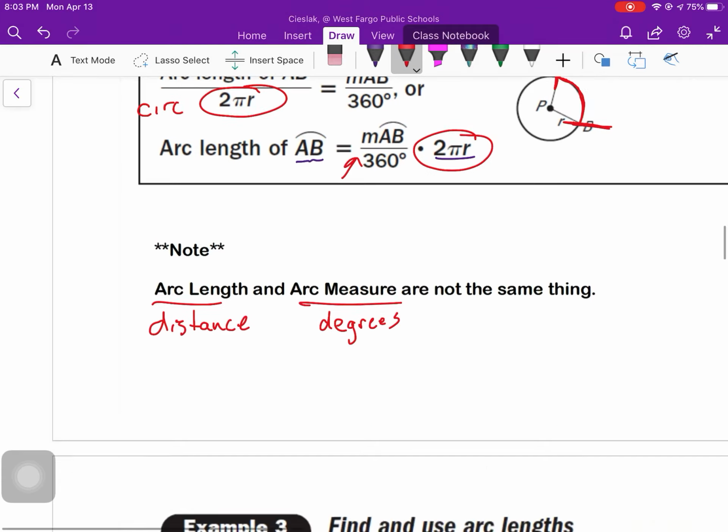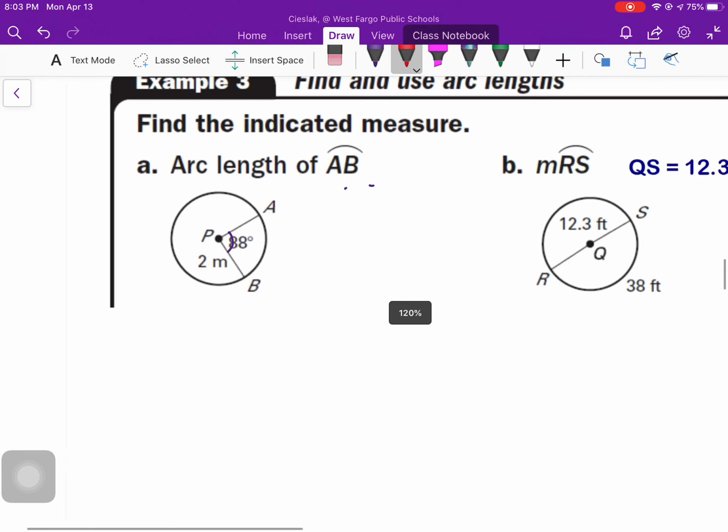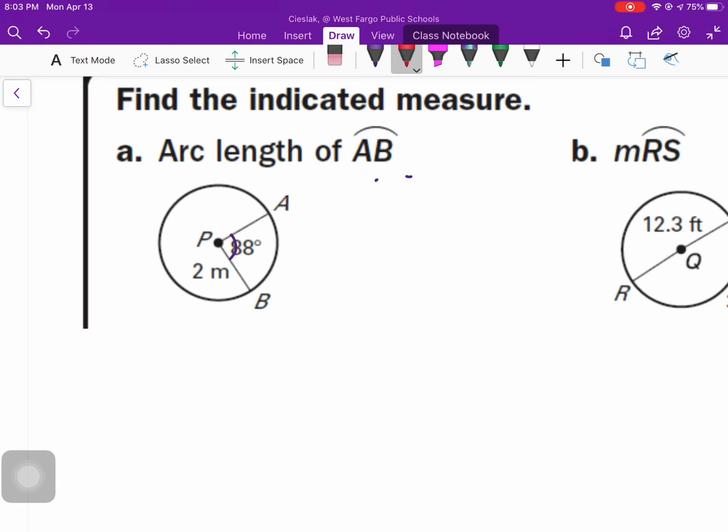Okay, so let's try a couple here. I want to find the arc length AB. So arc length, I'm looking for a distance here. The measure of that arc is 88 degrees because the central angle is 88.